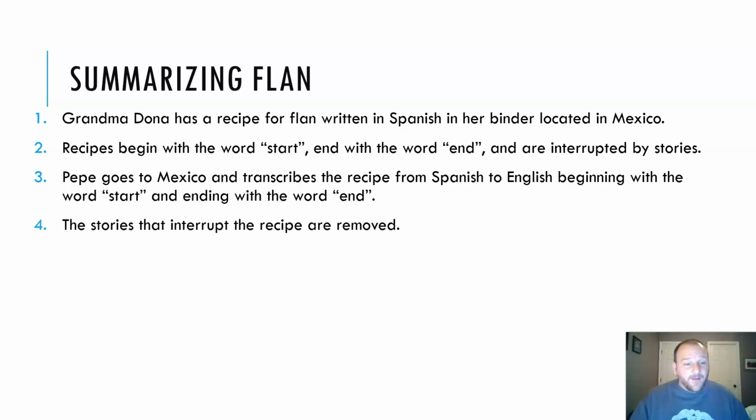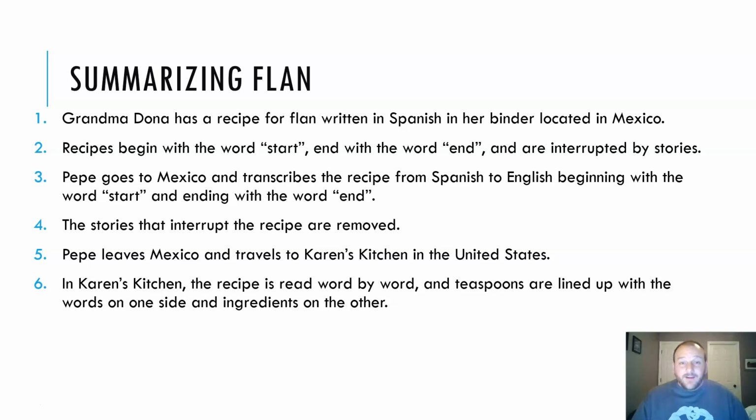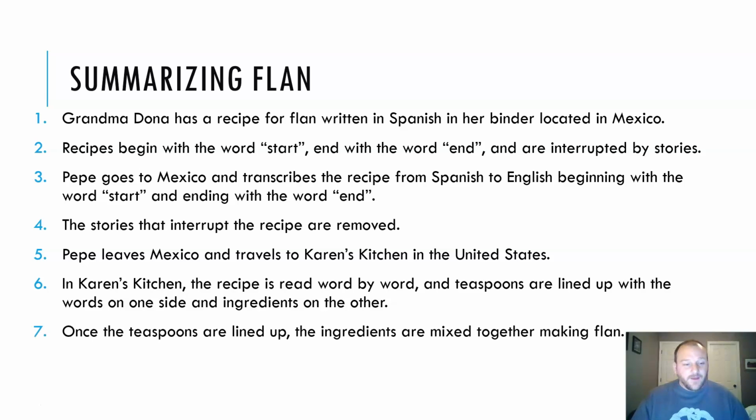The stories that interrupted the recipe are removed, and then Pepe leaves Mexico and travels to Karen's kitchen in the United States. In Karen's kitchen, the recipe is read word by word, and teaspoons are lined up with the words on one side and the ingredients on the other. Once the teaspoons are lined up, the ingredients are mixed together, making flan. There it is. That's our process.